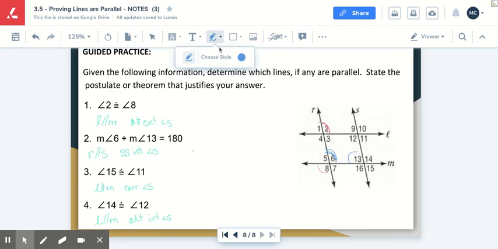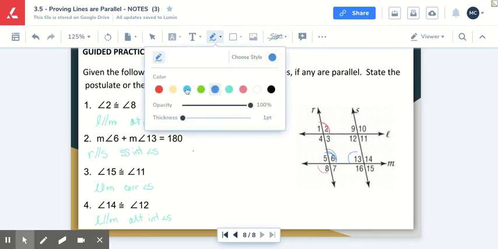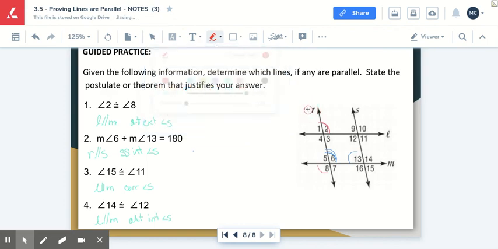Next statement says that angle 15 is congruent to angle 11. So again, I want to show that on my picture. Angle 15 is here. Angle 11 is here. The relationship between those two is that they are corresponding angles. They're in the same position on two different lines. So the transversal this time is S, and that would mean that lines L and M would have to be parallel.